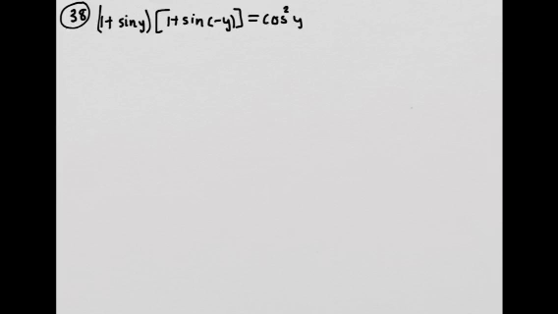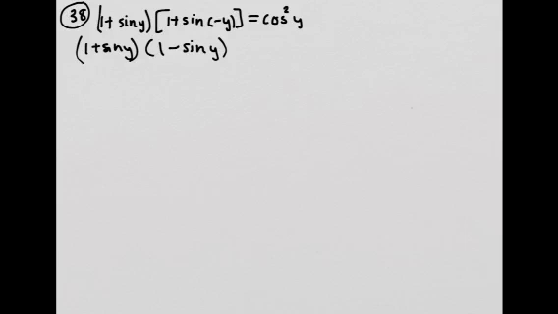Okay? So number 38, we have a combination of even odd properties and distributive property, right? So let me first simplify the parentheses. So I'm going to put 1 plus sine y. The first one stays the same for now. The second one, sine of negative y is negative sine of y. So let me go ahead and do that.